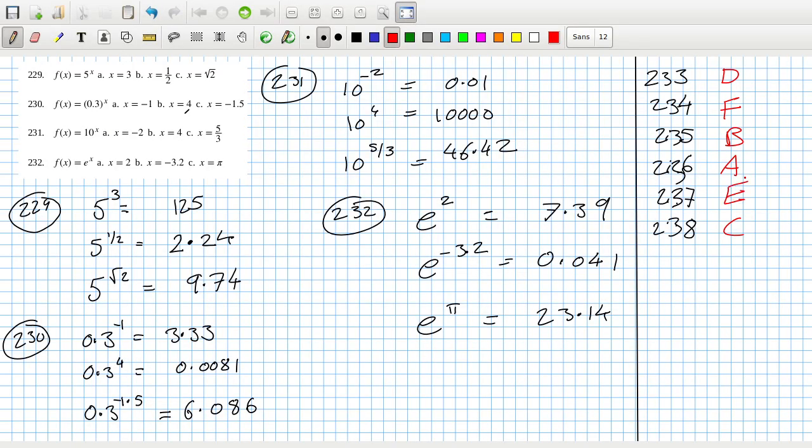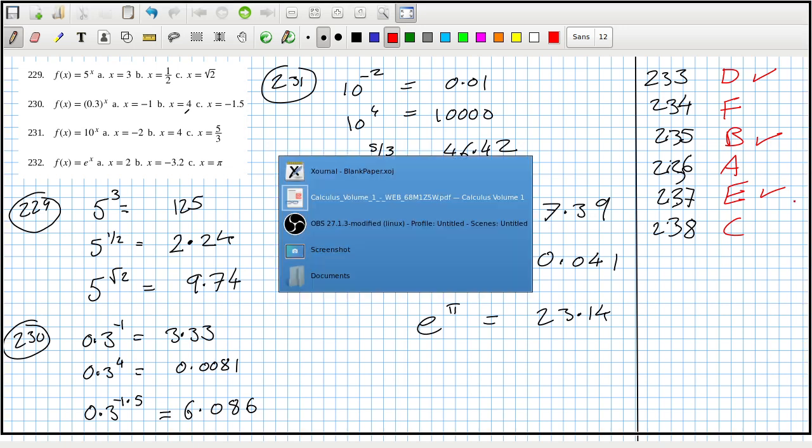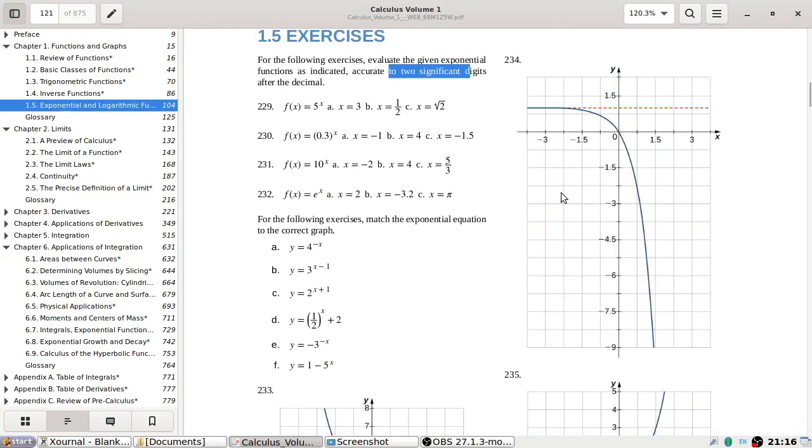Okay, let's check the answers that they have. 233 is D. 235 is B. 237 is E. So at least those 3 are correct. So 234, I'm saying is F. Yep.